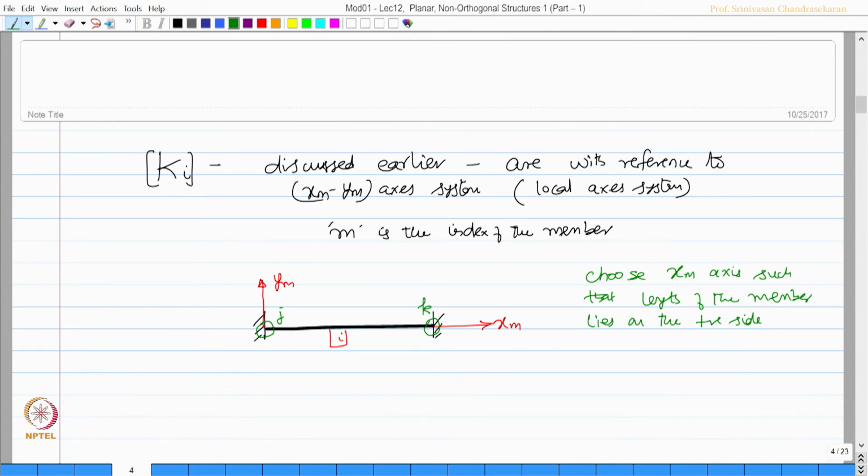Let us say I have a member which is fixed at both the ends. If I choose my XM here and YM here, the length of the member lies on the negative side of XM. So, this is a wrong notation. So, it all depends upon where you locate your jth end of the member.